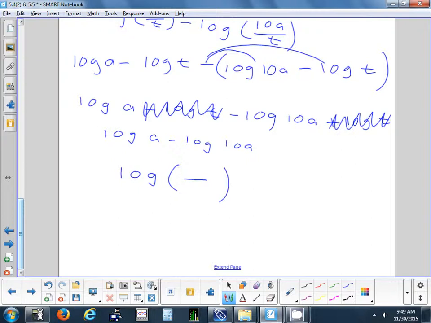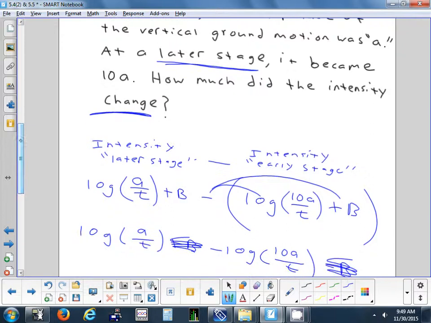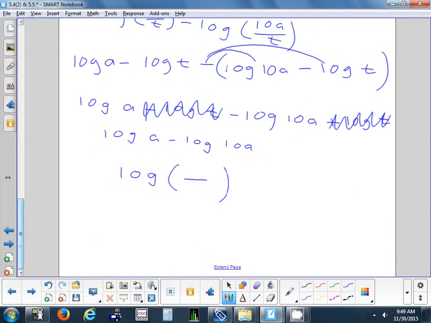Okay, and we would have log, let's see. Okay, what would go on top? Yeah, you know what, actually, I think what we should have done is probably switch the order we subtracted in. So what I'm going to do is just switch it right at the very last step. And I'll show you what happens.